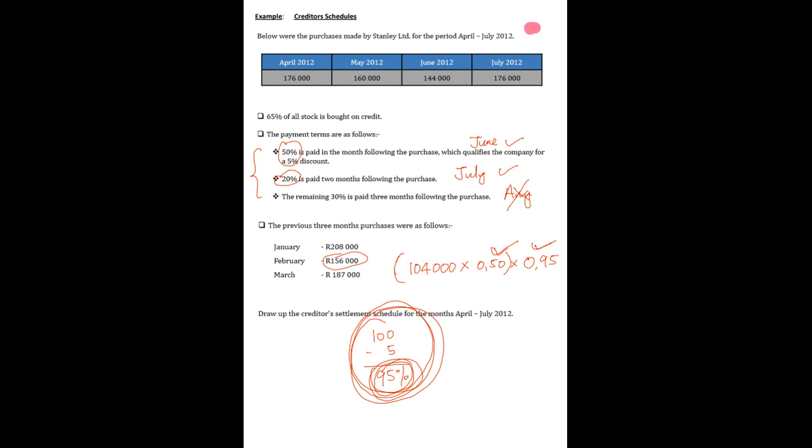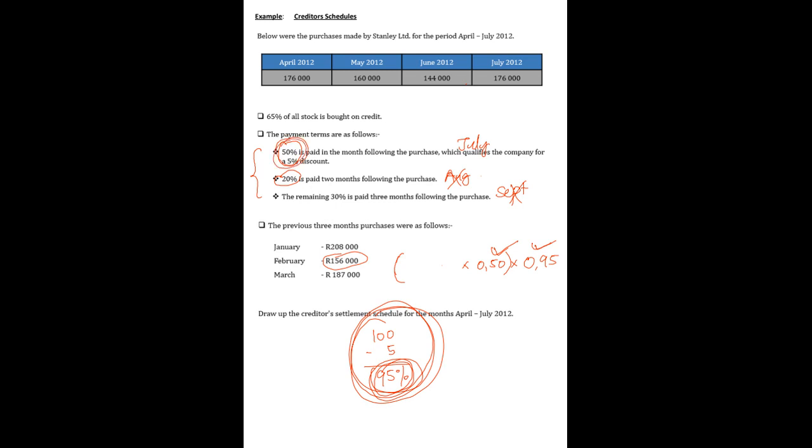Then for June, remember, if the purchase took place in June, this would have been in July. So I'm just going to write that out for you. This would have been in July, this would have been in August, this would have been in September. August and September are not in your schedule, so it's only the figure for July. So here the June purchase was 93,600.